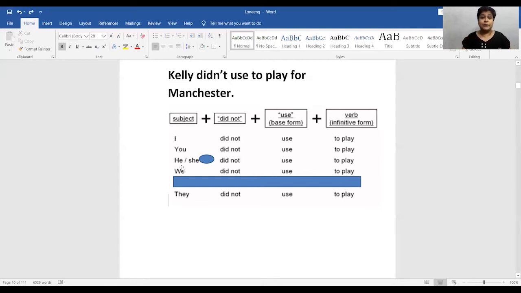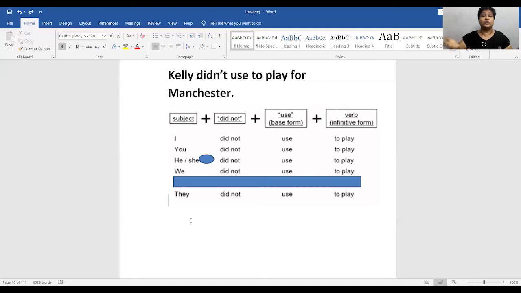Now, examples of subjects are I, you, he, she, we, they. And then subjects followed by did not plus the verb use in the base form and then followed by the verb in the infinitive form. So I did not used to play with her.